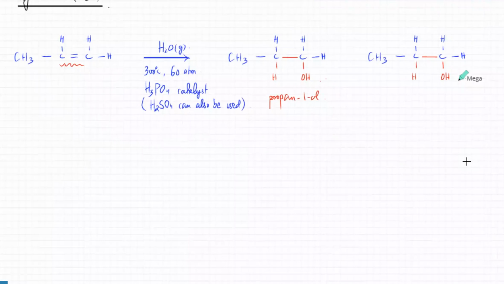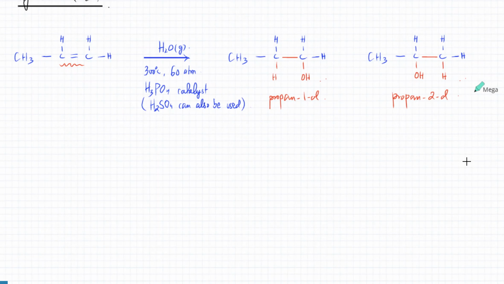They're going to bond to the double bonded carbon atoms, but the OH could bond on the left one and the H could bond on the right one. So you're going to get two different products, because the OH position is different. Over there it was on the right carbon atom. Over here it's in the middle carbon atom. So this one is propan-1-ol, and this one is propan-2-ol. Right? Is that clear? Yes.